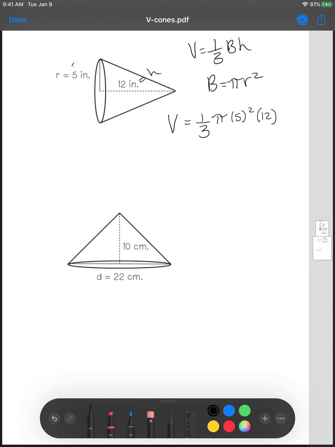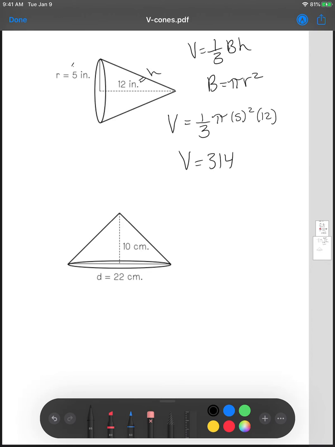Let me put in my calculator real quick. It's going to be 314. All you got to do is plug it in exactly how you see it into your calculator.